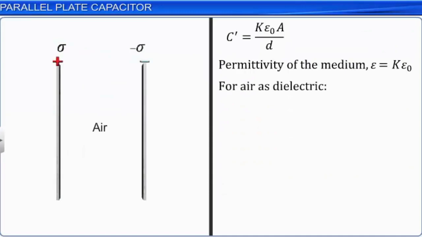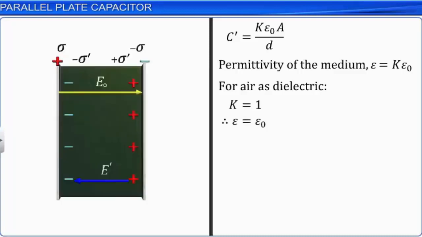For air, the dielectric constant K is equal to 1. Hence, we have epsilon equal to epsilon naught for air. For dielectrics other than air, we have the dielectric constant K greater than 1.